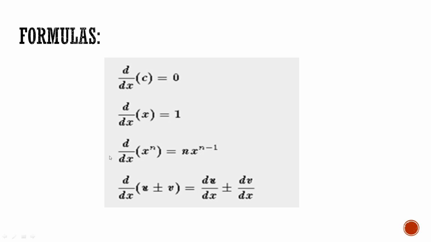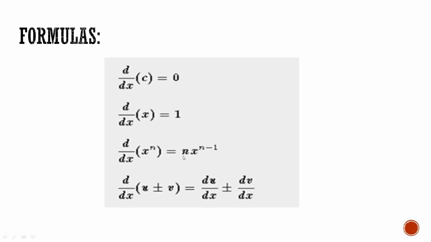For the third formula, it refers to the power formula. So the derivative of x raised to a power, say 1 or greater than 1 or 2, or it may involve any exponent, we'll just have to apply n x raised to n minus 1.